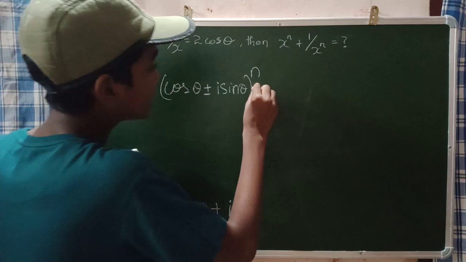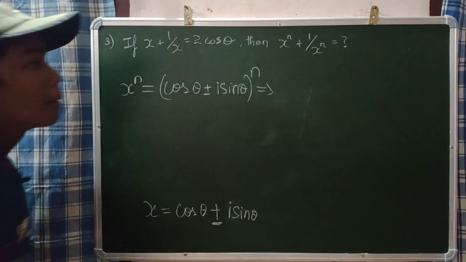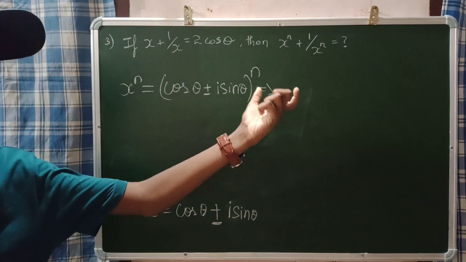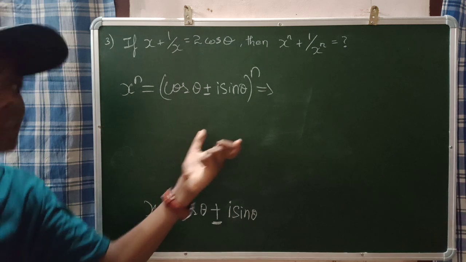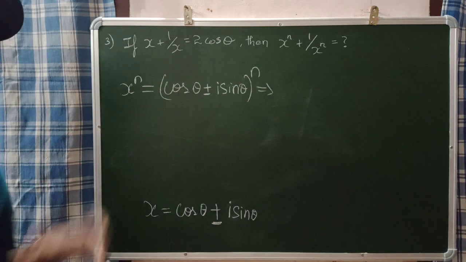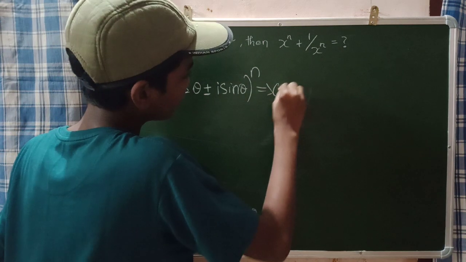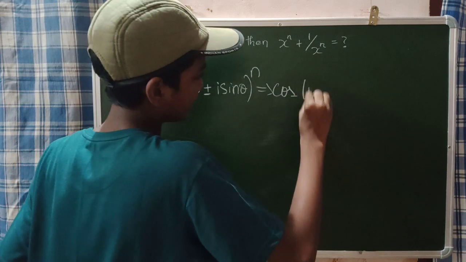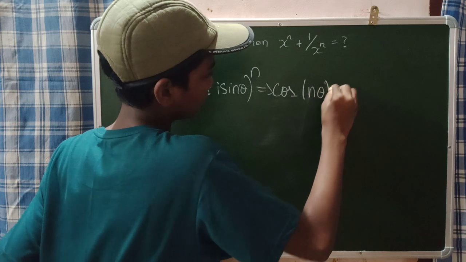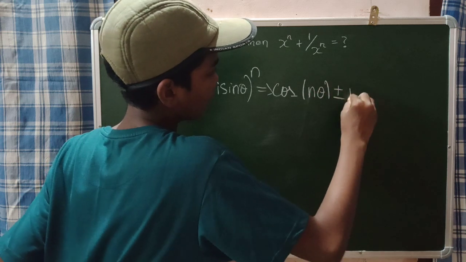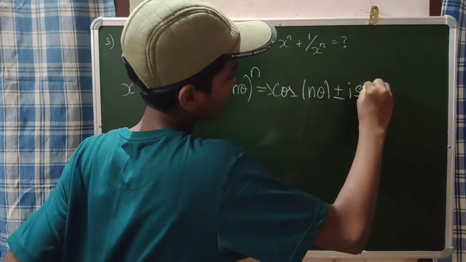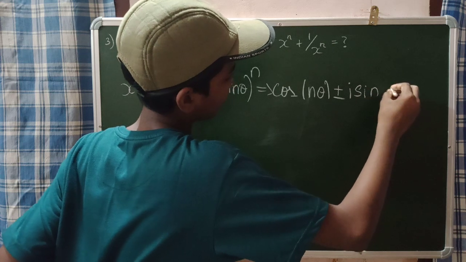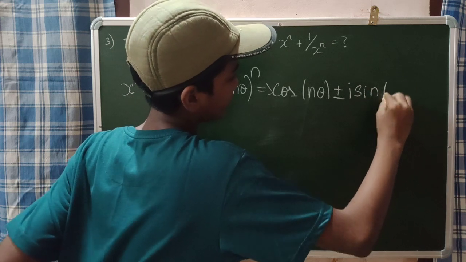What does De Moivre's theorem say? It says multiply your power, which is n, with the theta's value. Just multiply n with your theta's value. So when you multiply n with theta's value, what will you get? Cos of n theta, then plus or minus iota sine of n theta.